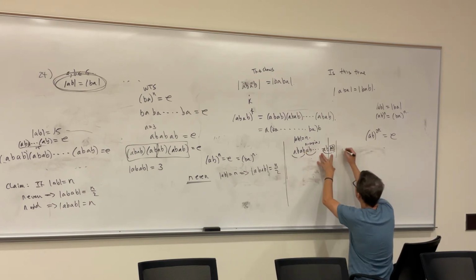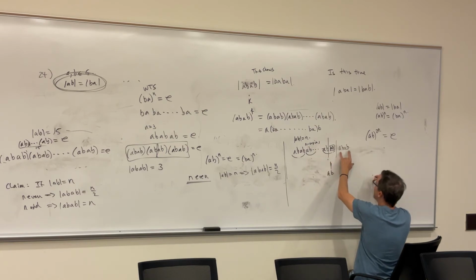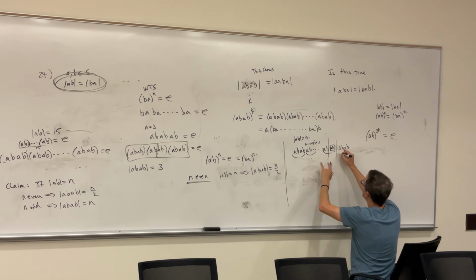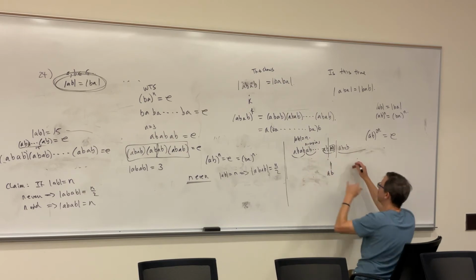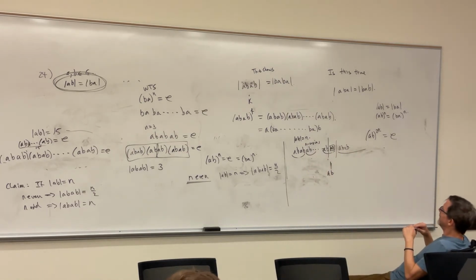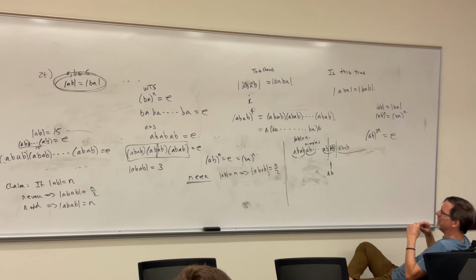I'm gonna keep tacking on more ABs, and I'm going to have to keep going up to n more copies. It seems so convoluted what I'm doing here. I don't think it's this complicated, but maybe.